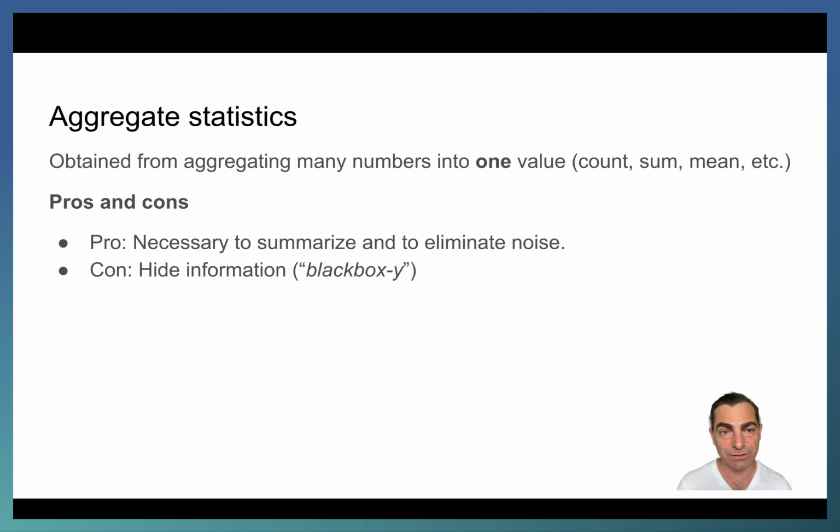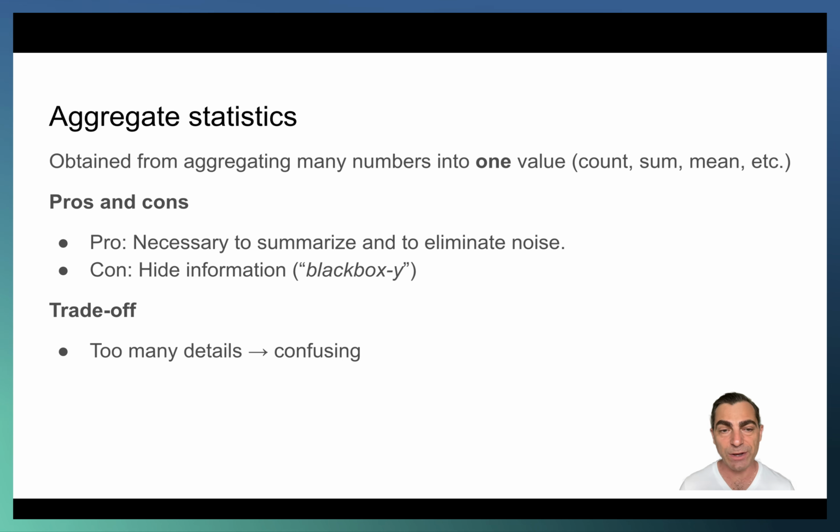What is the downside of that? Well, the downside is that, of course, aggregate statistics hide information. Instead of having all the individual values, we have an aggregate value, and necessarily as soon as we aggregate, we hide some information. So in general, there is always a trade-off between these two elements: the aggregation element, to eliminate noise and let a signal come to surface, and on the other hand, hiding information.